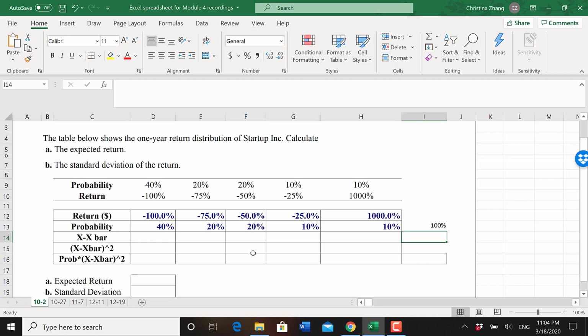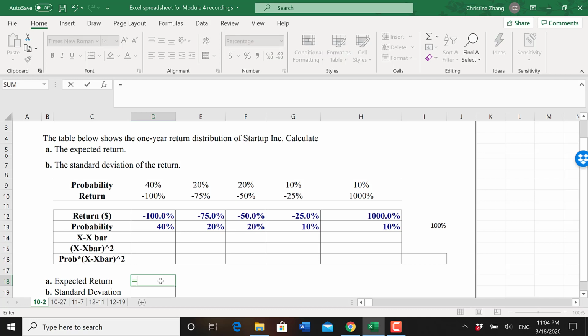The first thing you need to do is calculate the expected return, which is essentially a weighted average calculation. The only thing is that here, the weight is your probability. So you start with the probability times the return, plus probability times the return, plus probability times the return, and so on through the last one.